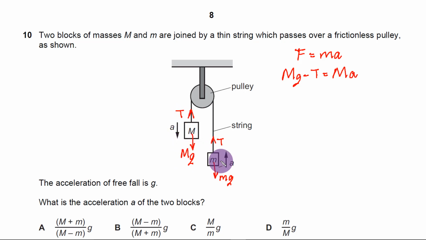When it comes to the small m here, notice that the acceleration is vertically upwards. That implies that T must be larger than small mg. So when I apply F equals ma to the small mass, it becomes T minus small mg equals small m times a.